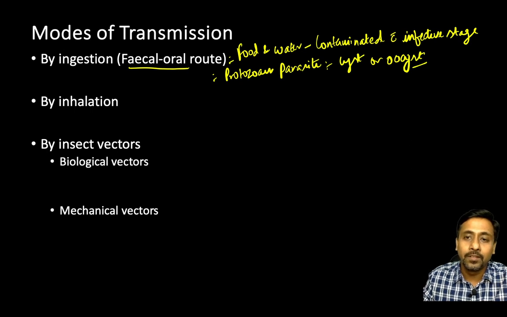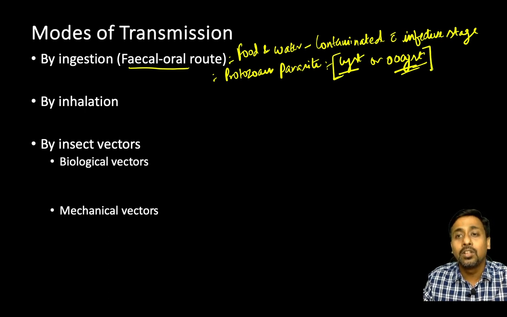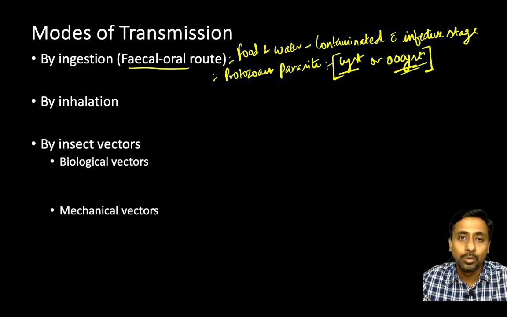So if the parasite is present in cyst or oocyst form, then the usual mode of transmission of the infection is by ingestion. So always remember this. If you remember that the morphological form of that particular parasite is cyst or oocyst, then the chances are very high that the mode of transmission is by ingestion of food and water contaminated with either cyst or oocyst.